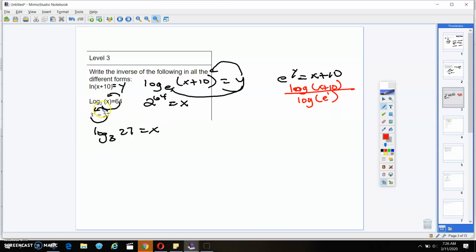For this one, I can write this as log of x divided by log of 2 equals 64. And this last one, that's going to be log of 27 divided by log of 3, and that would give you x.